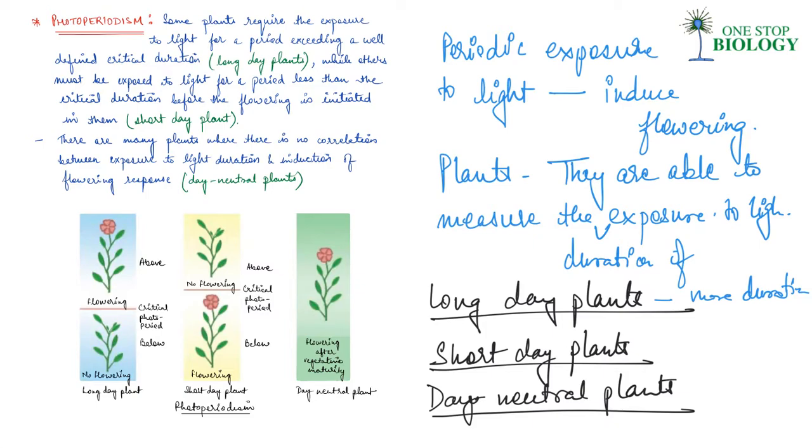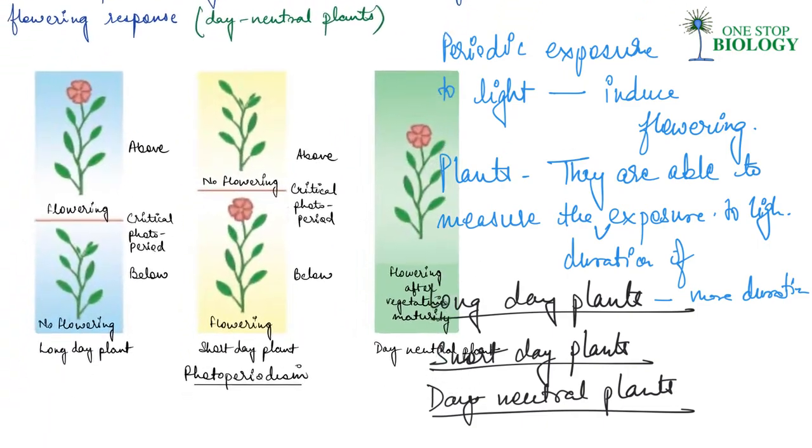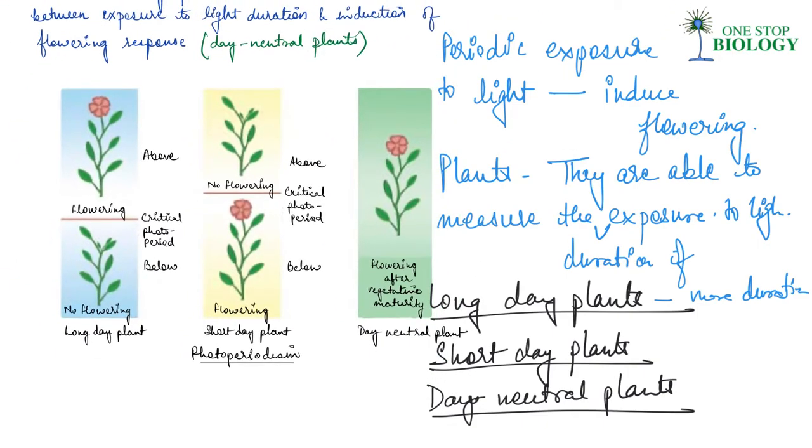So here in the diagram that you see, what you are basically observing is that in long day plants, if it is below the critical photoperiod, there will be no flowering. So this is the critical period. Below this, there will be no flowering. Above this, there will be flowering.